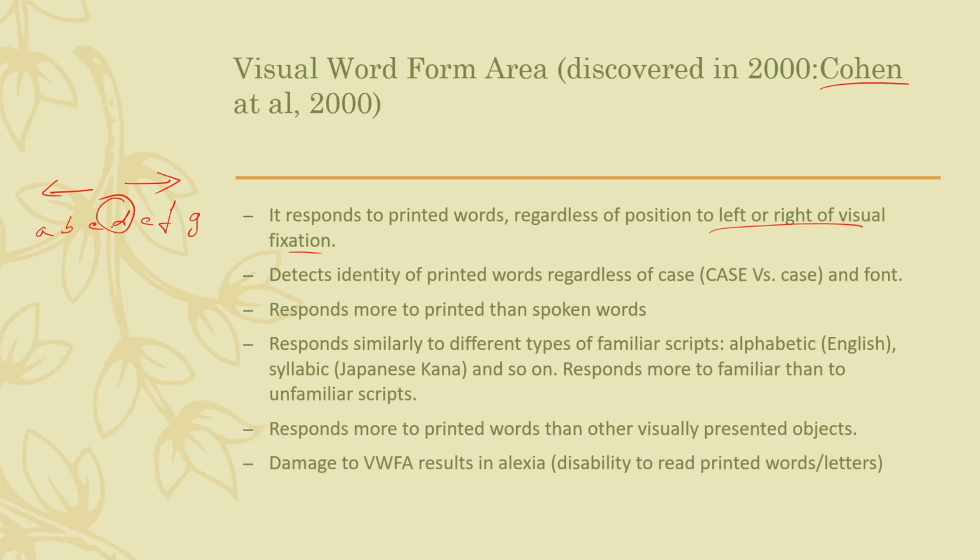So, when I am seeing D, I can also simultaneously see A and G. These are regions of parafoveal visual areas, and this is the foveal, the visual fixation area. So, the VWFA processes this printed word irrespective of which side of the fixation area it is.